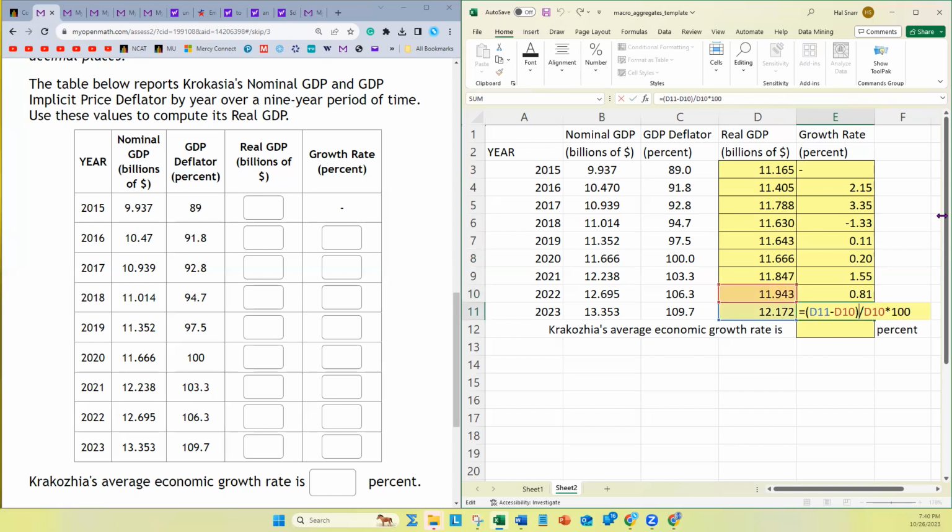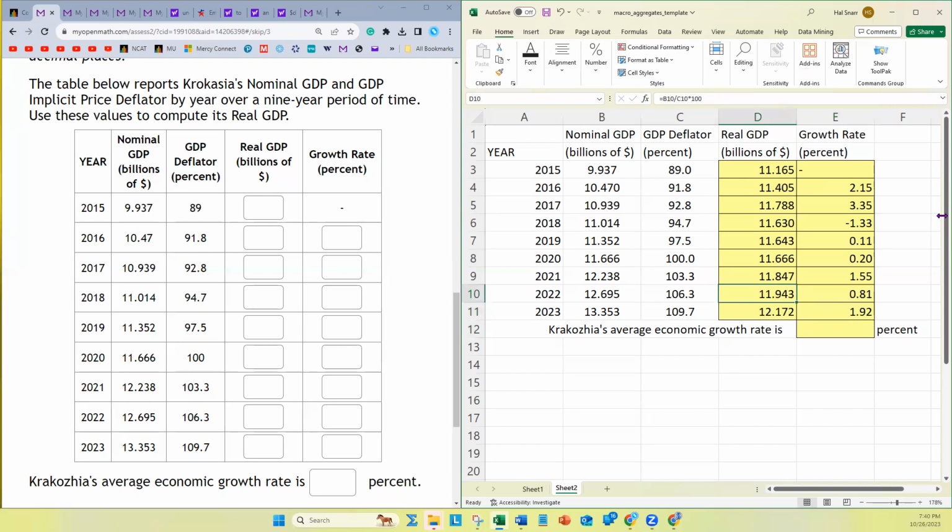In the year 2023, we have a pretty large economic growth rate, right? Not extremely large. I mean, a good economic growth rate would be three or four, right? But anyway, it's positive because real GDP is 12.172 in year 2023. It was $11.943 billion the previous year, 2022, right?